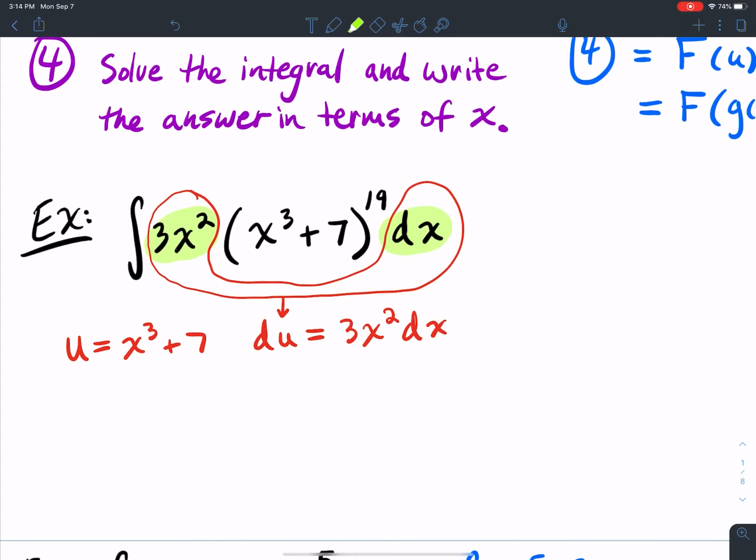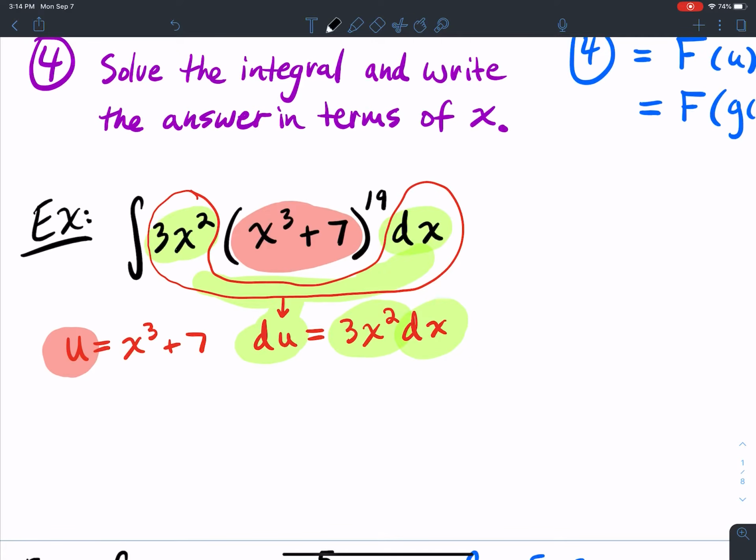So I see that I can replace 3x squared dx with just this du, okay? And then I also can replace x cubed plus 7 with u right here.